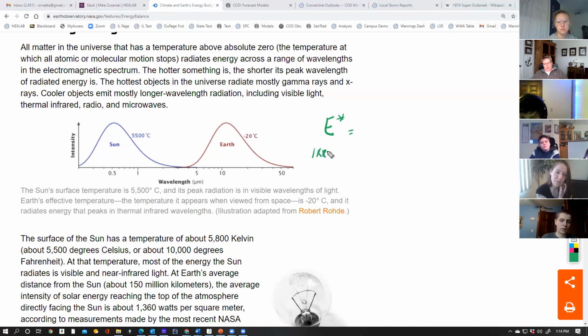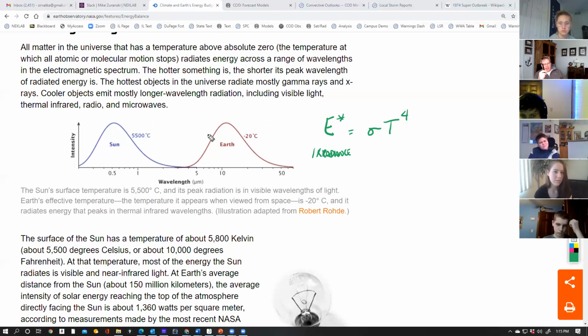What does it equal? It's sigma multiplied by temperature to the fourth degree. Okay. But what does that tell me? How is this related to this graph? Because that E star, the irradiance, is the intensity. Well, yes, but how is that related to the graph?